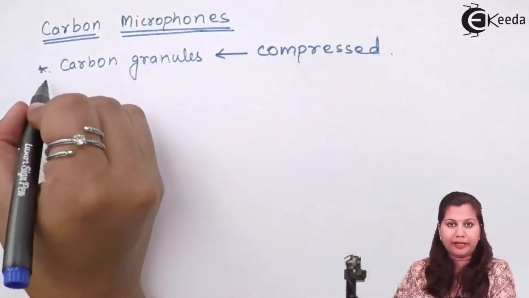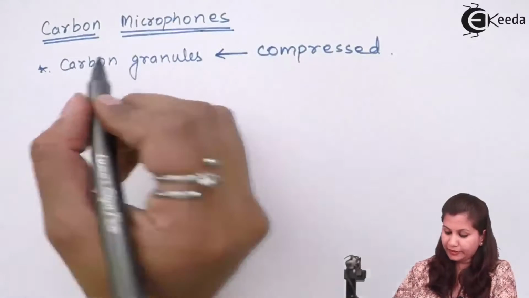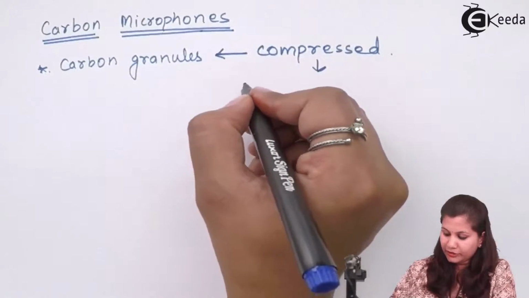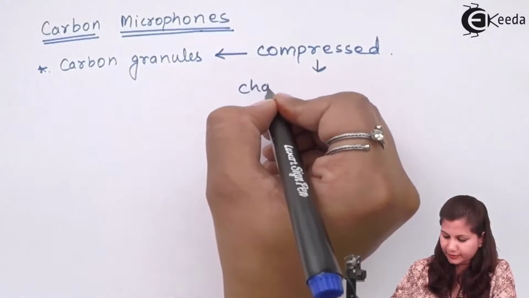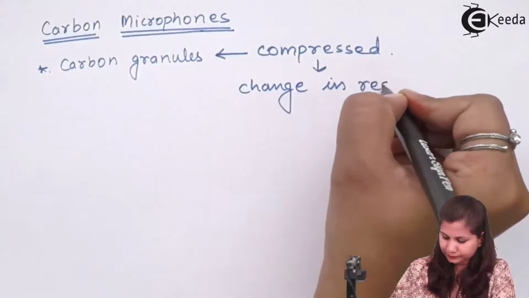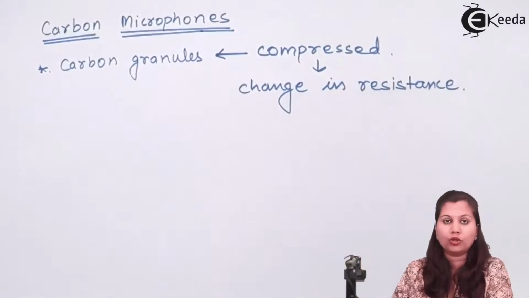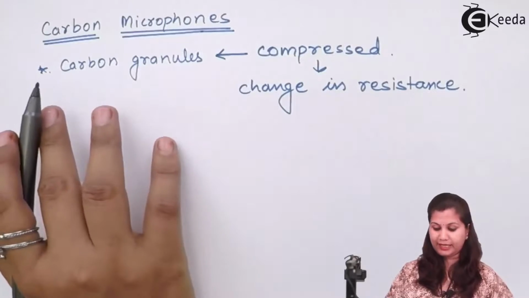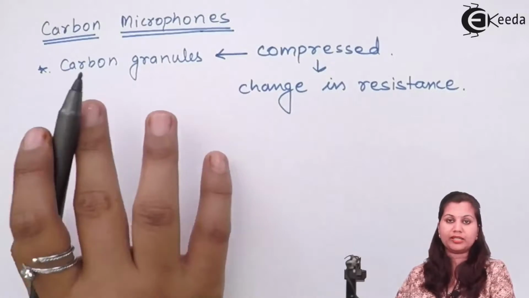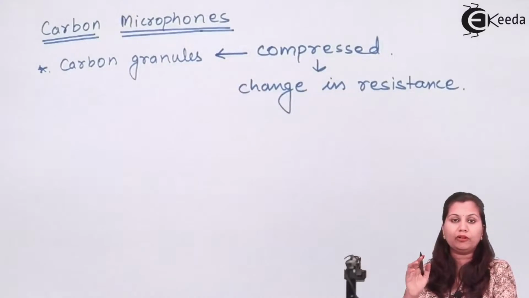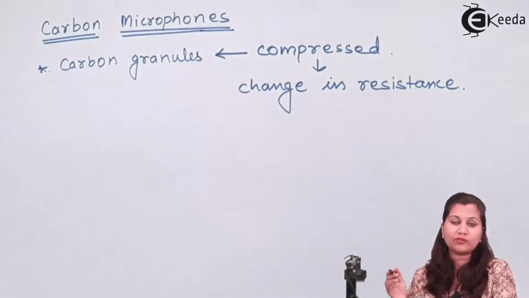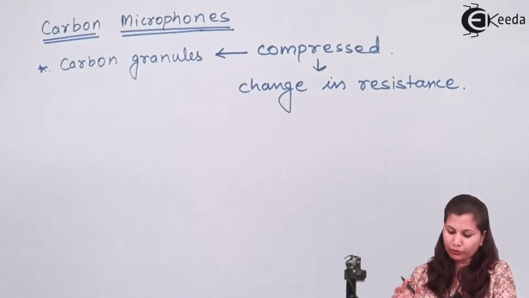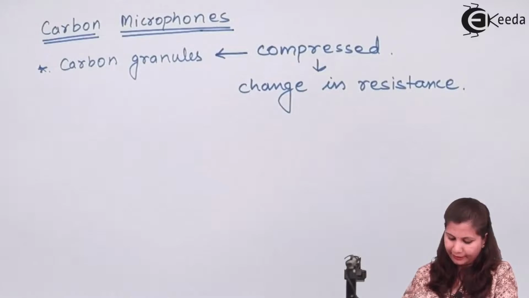Due to the compression of these carbon granules, there will be a change in the resistance. So we can say that these carbon microphones basically work on the principle of change in the resistance when they are compressed. Okay, let's see its diagram.